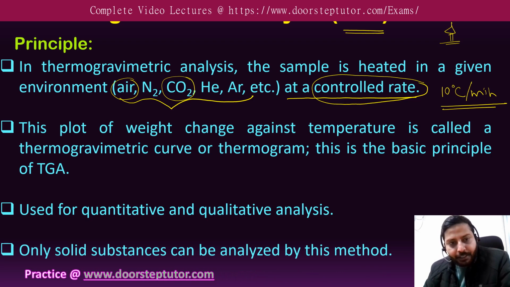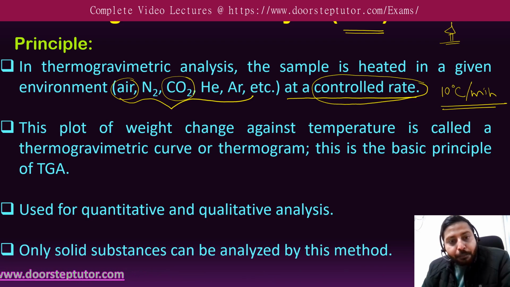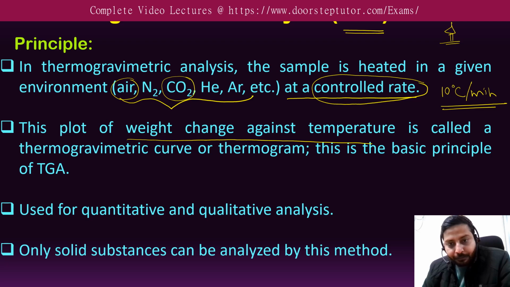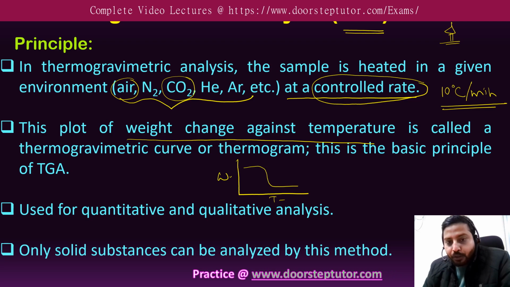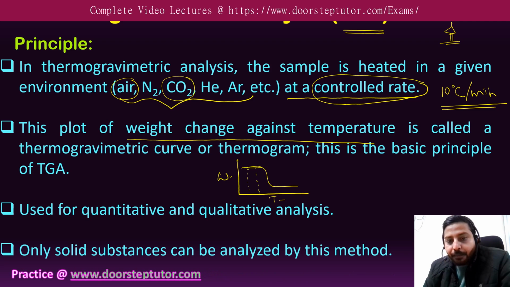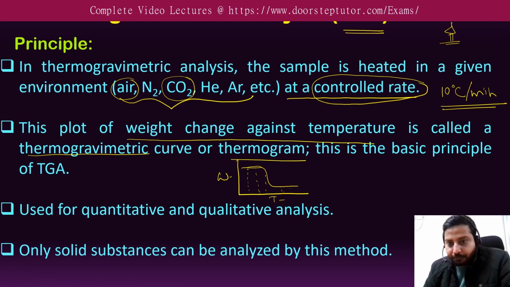of thermogravimetric analysis. Here we are plotting the weight change against the temperature. We take the weight on one axis and the temperature on the other, and then a graph comes out, this type of graph. The weight of the sample measured at a particular temperature gives the thermogravimetric curve or thermogram.